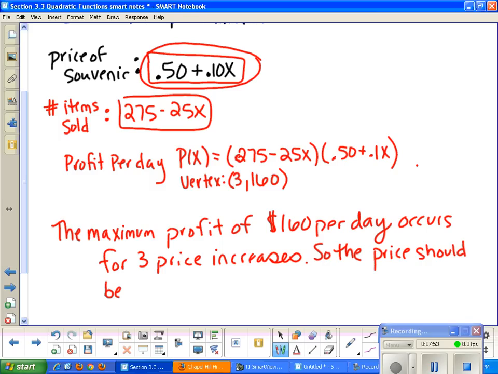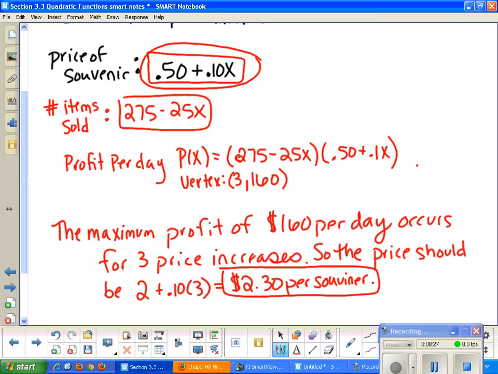So it would be 2 plus our 10-cent increase occurring 3 times, which ends up being $2.30. And this is the price per souvenir that we should charge in order to get that maximum profit. So this was what we were looking for.